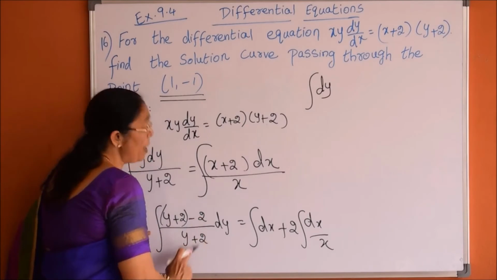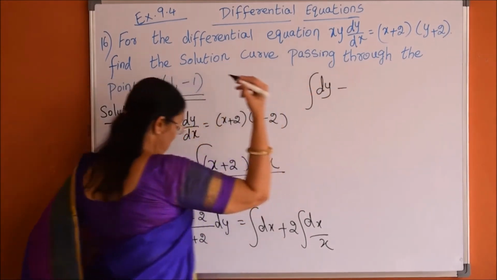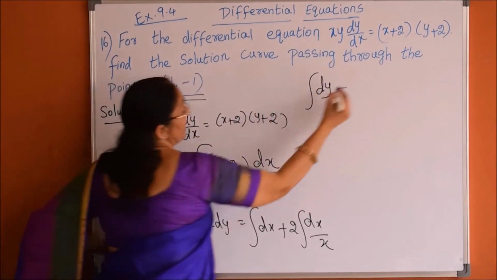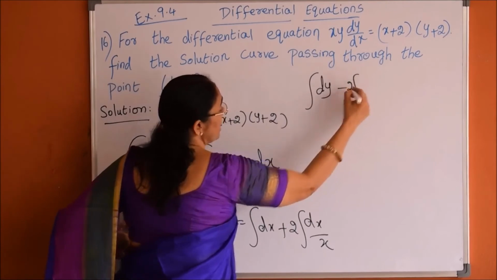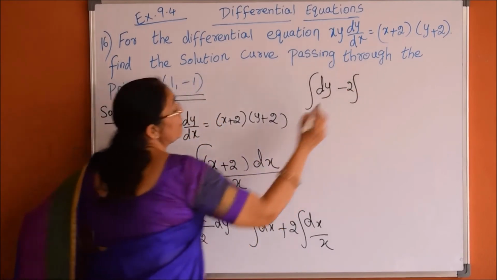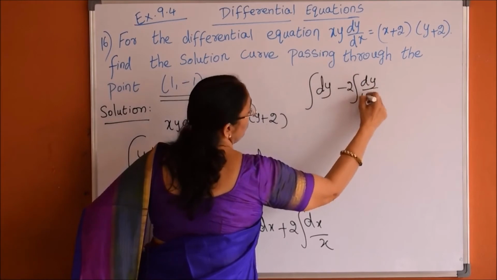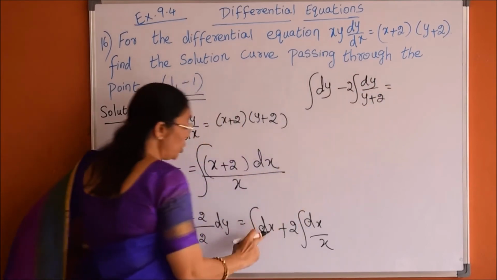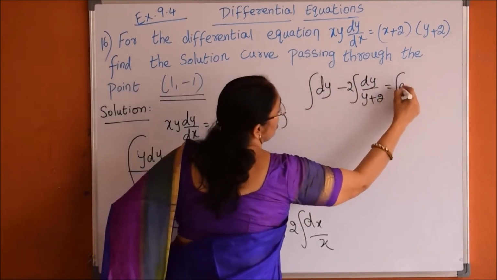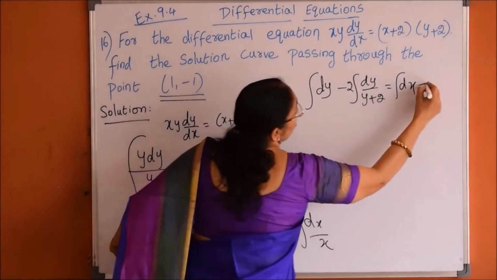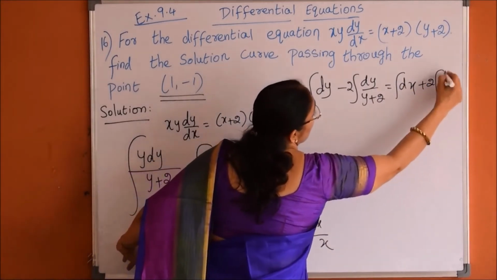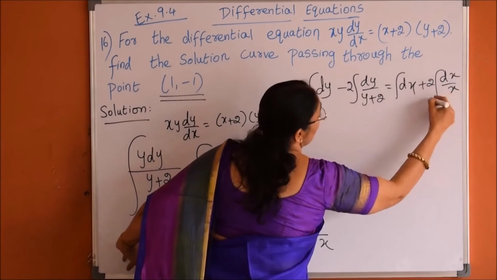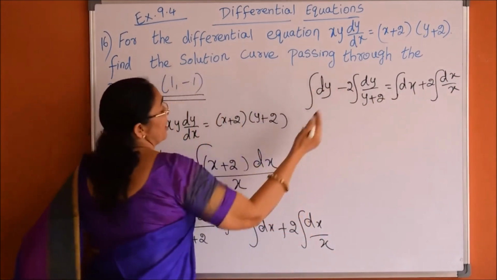Now, minus 2 by y plus 2 dy, minus integration of 2, the constant, I can take outside. So, dy by y plus 2 is equal to integration of dx plus 2 times integration of dx by x. Now, we can find the integral of all the functions.